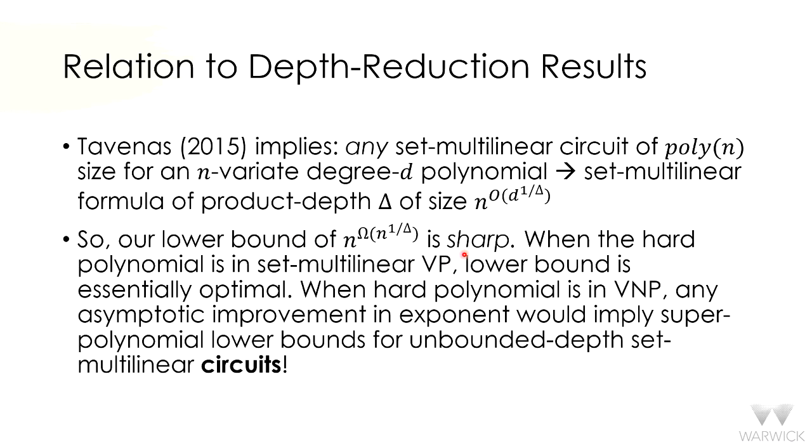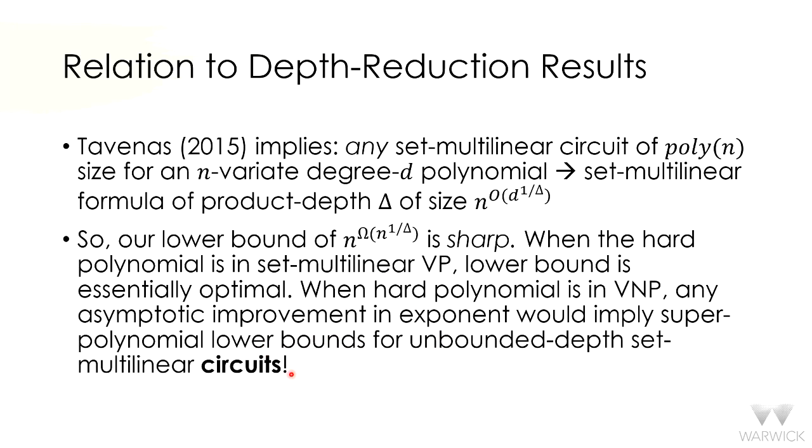They're sharp in the sense that if the polynomial is in VP, so if it already has small circuits, it means our lower bounds are optimal. But if the hard polynomial is in VNP, it means that any asymptotic improvement in our results would imply super polynomial lower bounds for set multilinear circuits. Right?